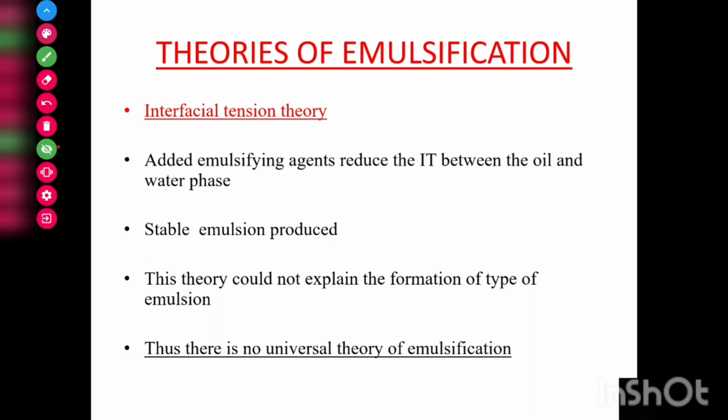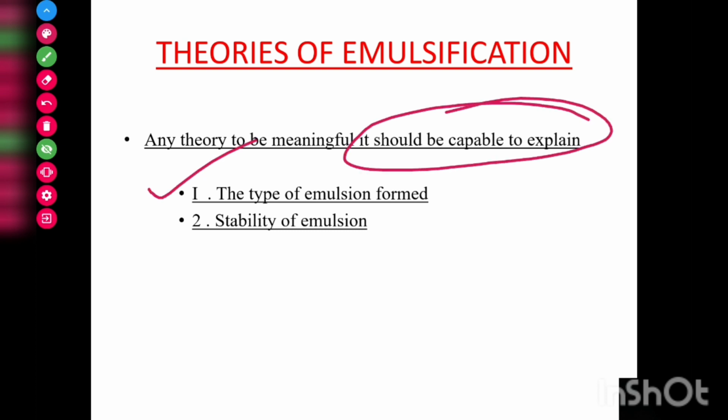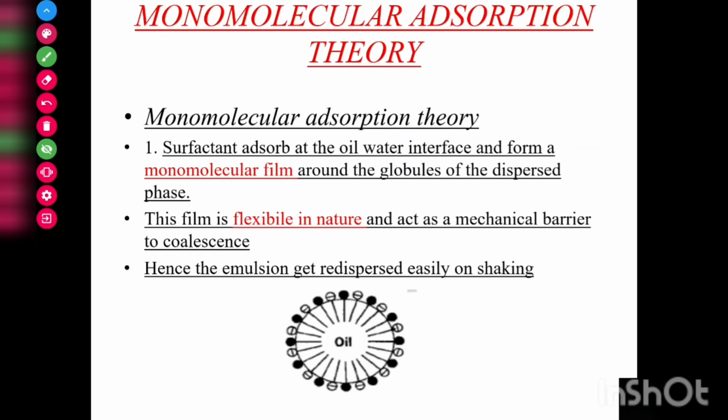Interfacial tension theory can explain the stability of emulsion, but it could not explain the formation of the type of emulsion. Thus, there is no universal theory of emulsification. Any theory to be meaningful should be capable of explaining the type of emulsion formed and the stability of the emulsion.